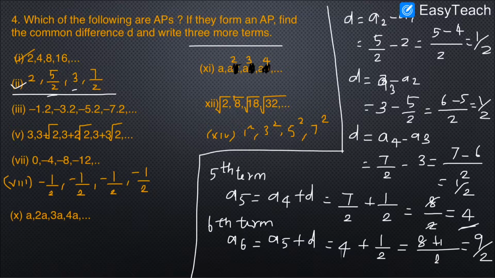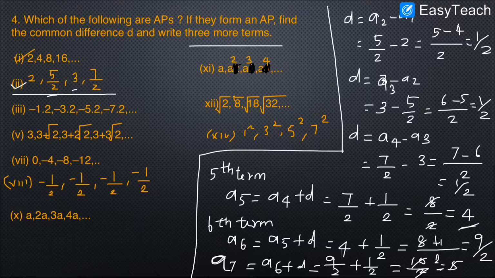So 9 by 2 is our sixth term. Let's find the seventh term, A7, which is A6 plus D. A6 is 9 by 2 plus the difference 1 by 2, which gives me 10 by 2, which is 5.